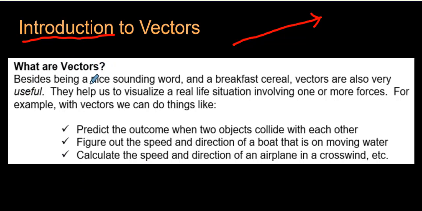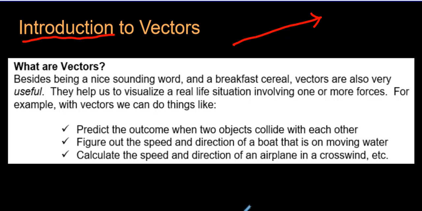So vectors, besides being a nice sounding word and a popular breakfast cereal here in Canada, are also useful. They help us visualize a real life situation involving one or more forces. For example, police have to deal with vectors when they're dealing with a car crash and they're trying to figure out which car is at fault.